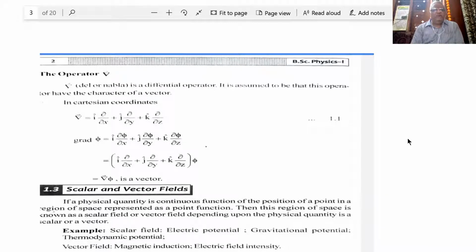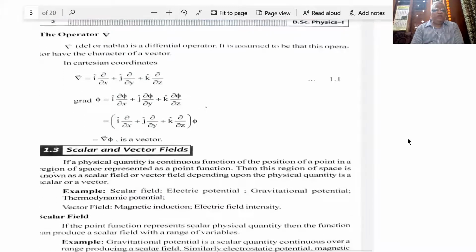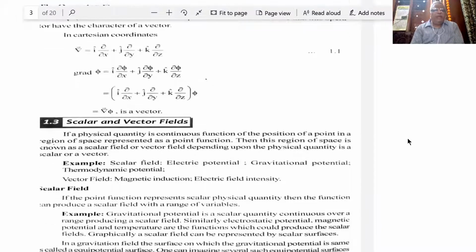Now, what are scalar and vector fields? We'll briefly define them and give some examples. If a physical quantity is a continuous function of position of a point in a region of space, represented by a point function, then this region of space is known as a scalar field or vector field, depending upon whether the physical quantity is a scalar or vector.